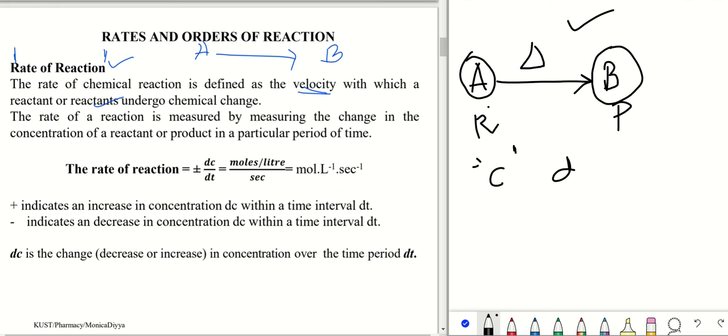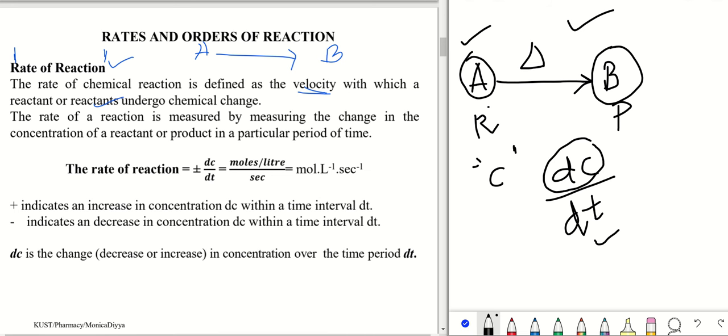Now, dC by dt represents the change in the concentration with respect to the change in time. As we are discussing the change in the concentration of the reactant, dC is the change in the concentration of the reactant, by the change in time.